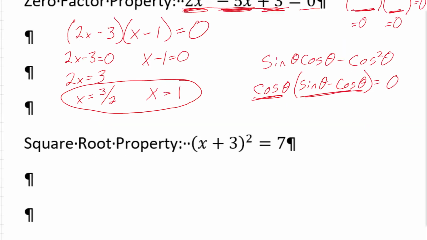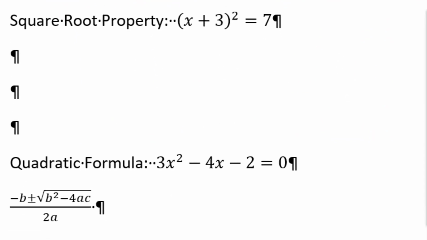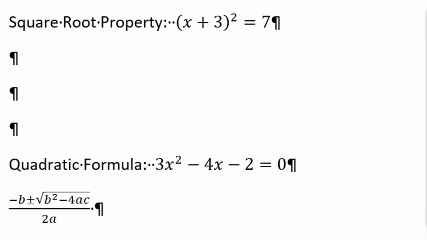Moving on, let's look at our square root property. Square root property says that if you have something squared equals something else, typically we see it written more like x squared equals a, then the thing being squared is equal to plus or minus the square root of the right side. So in this case, I have an x plus 3 that's being squared, and that's equal to 7.